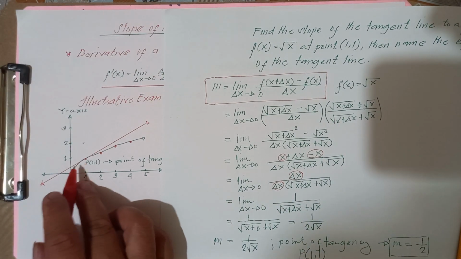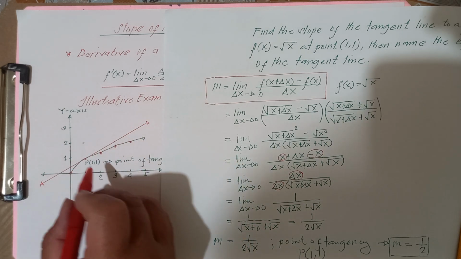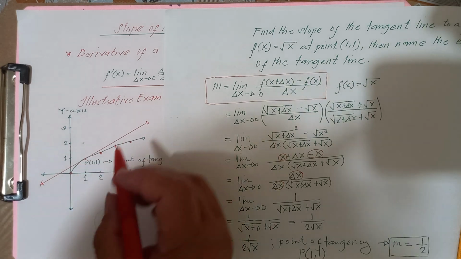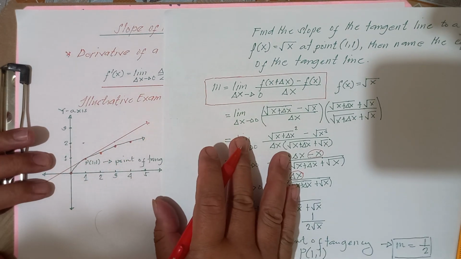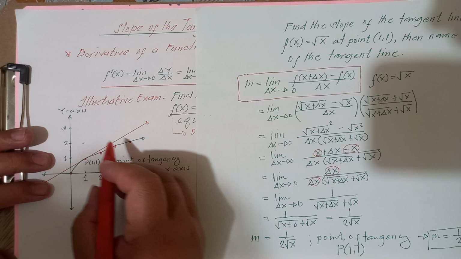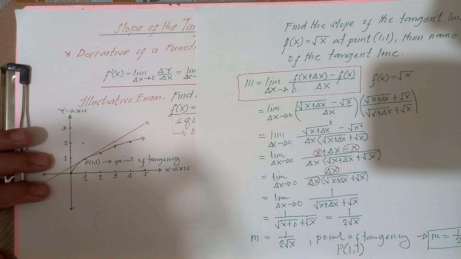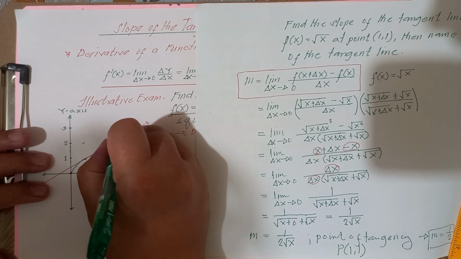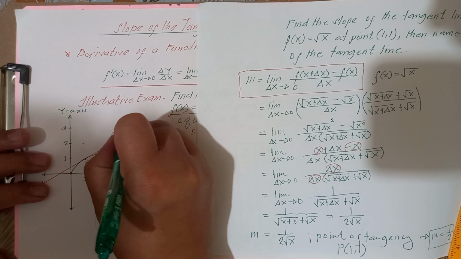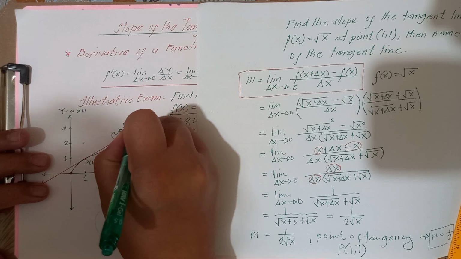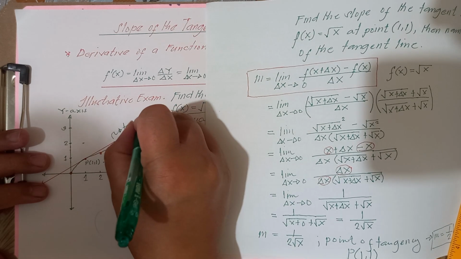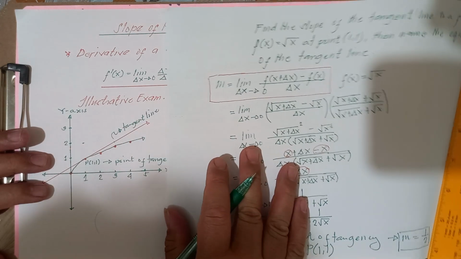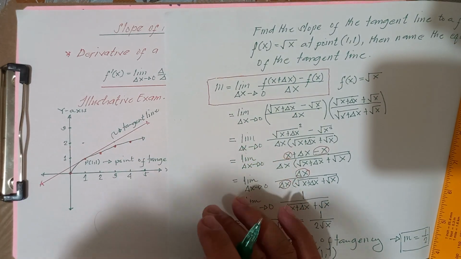So our point of tangency is in here. Let's try to label this one to be our tangent line. That is the tangent line that we have. So that is the drawing.